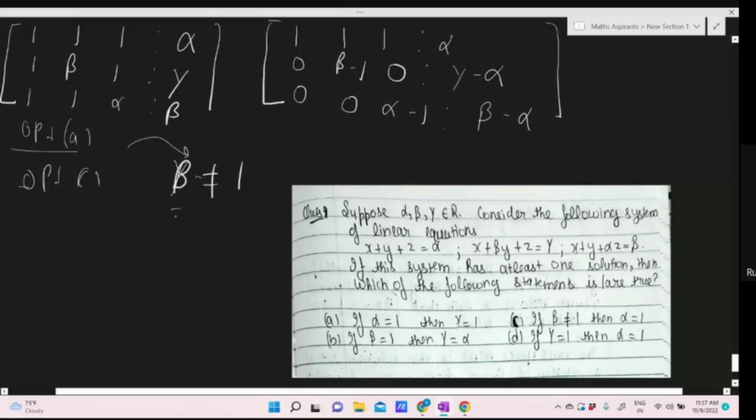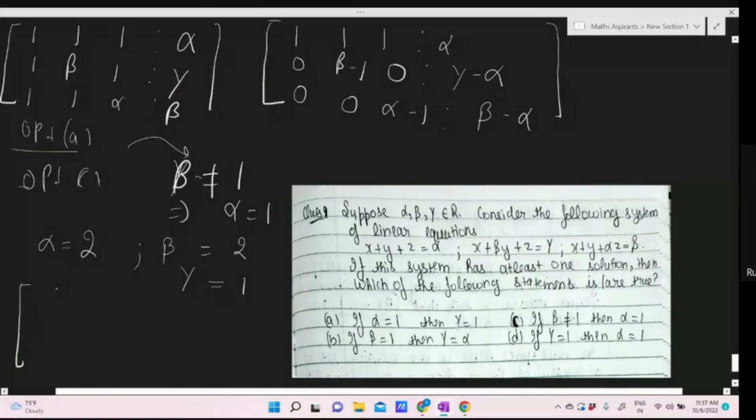Then we have to check if beta is not equal to 1, then alpha is 1 or not. For this, let us take an example. Let us take alpha is equal to 2, beta is equal to 2, because we have to take beta not equal to 1, and gamma is equal to 1.